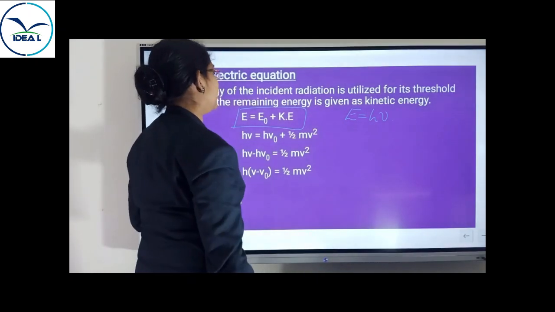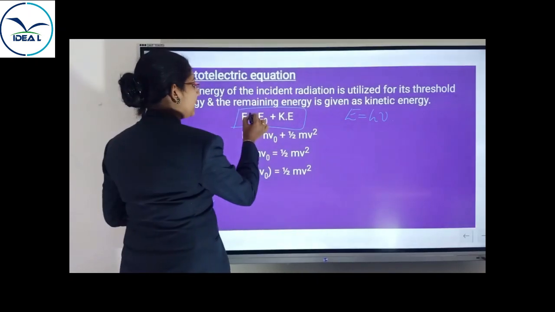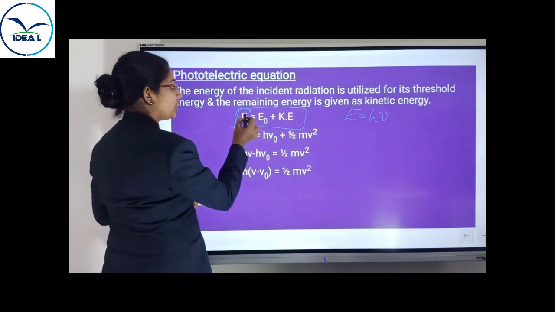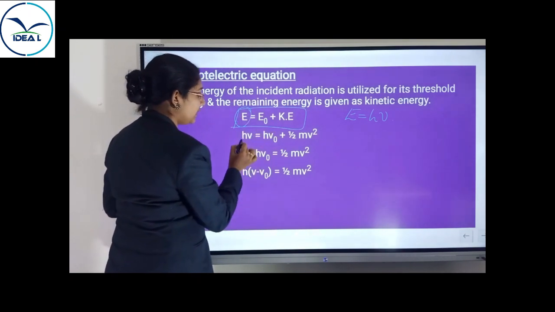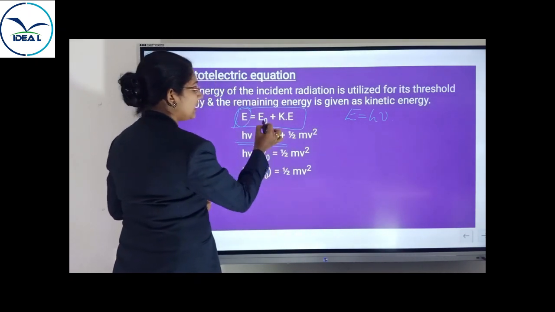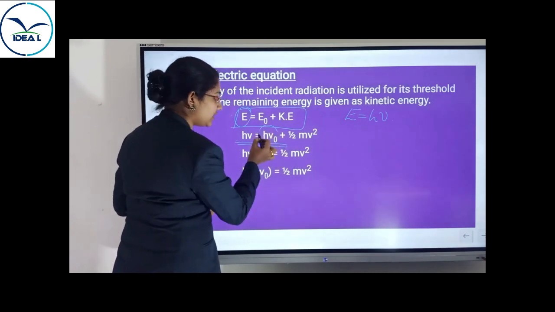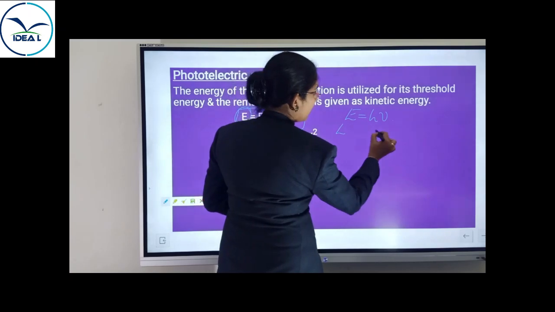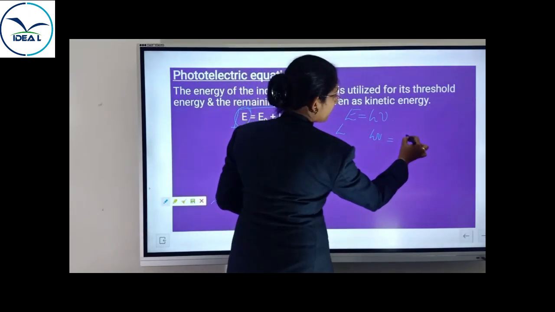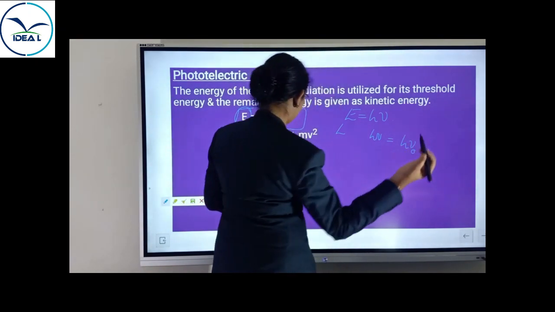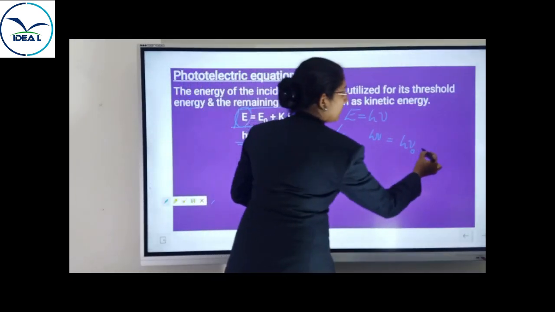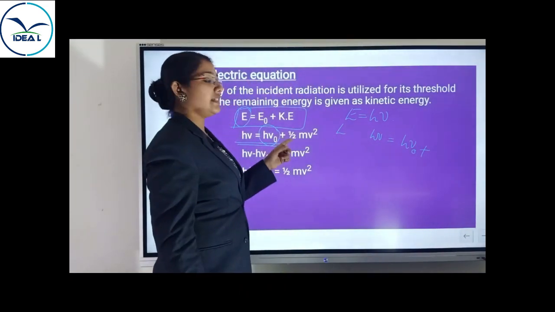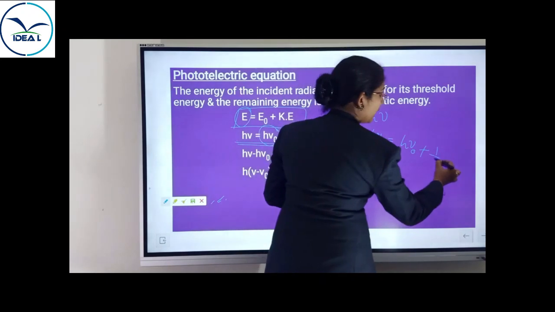So substituting the value of E, we get hν = E0, and in the place of E0, hν0. That is, hν = hν0 plus kinetic energy, which is equal to half mv square.